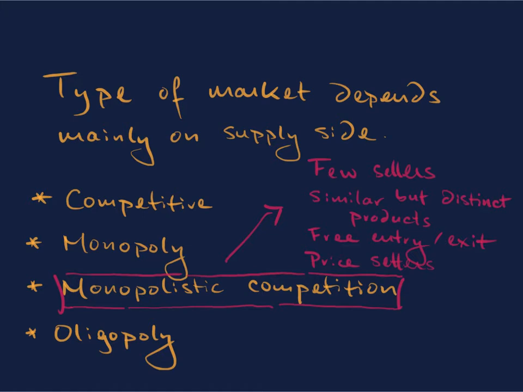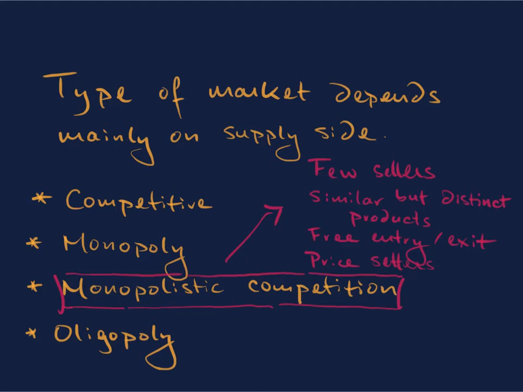And Duke University has a monopoly on selling Duke. And the University of North Carolina has a monopoly on selling University of North Carolina education. So they all have distinct products, and in some ways they are each a monopolist in their own area, but they compete with each other.